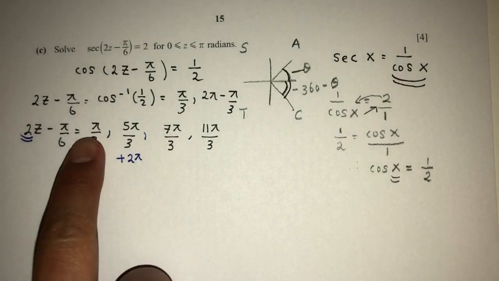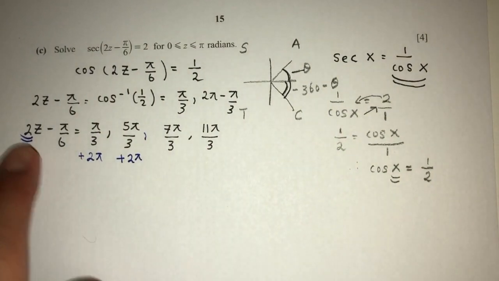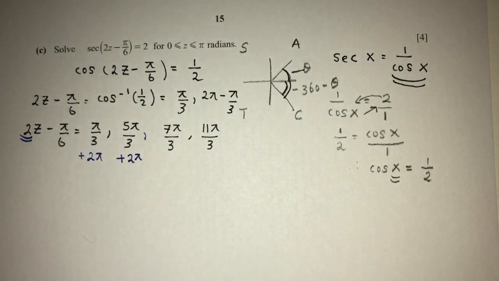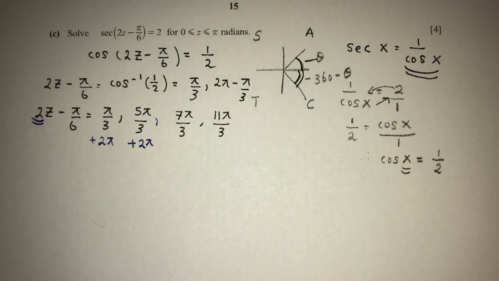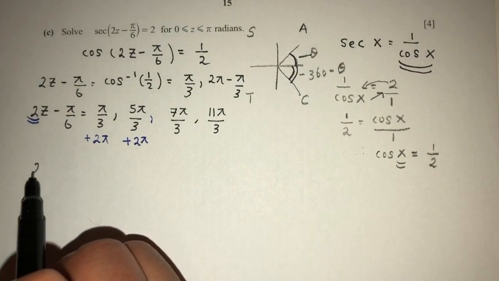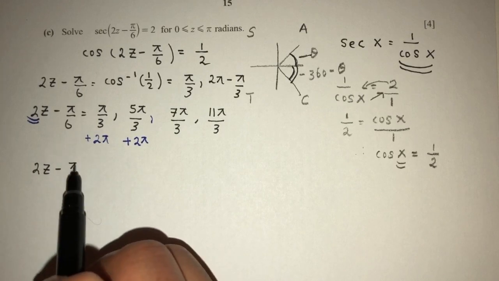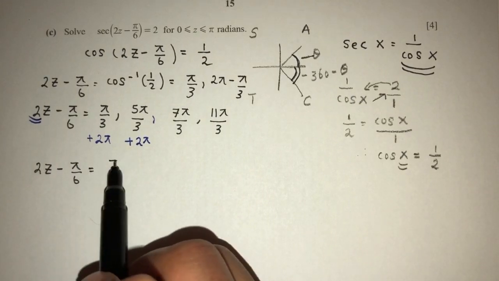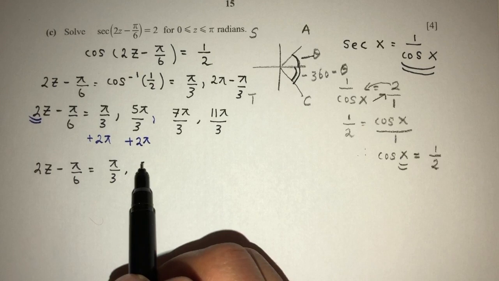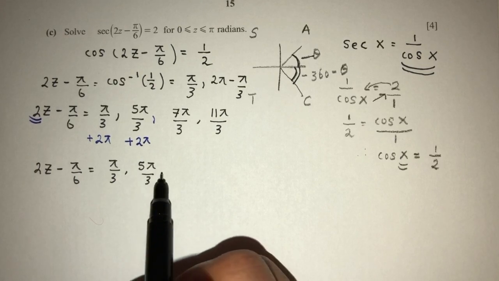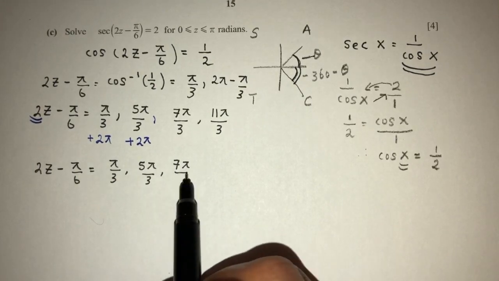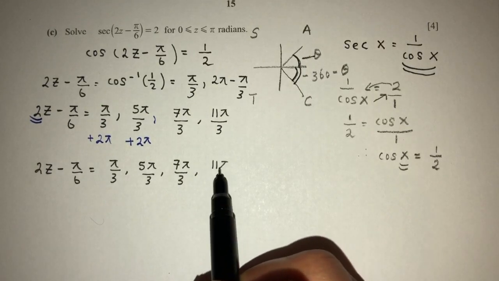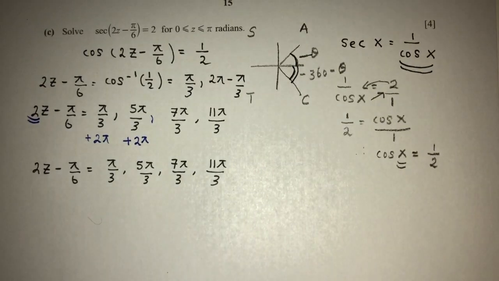So right now we have 4 values. Because this is 2z, we have to add 2 pi to those existing values. So let's rewrite our equation. Right now we have 2z minus pi by 6 is equal to pi by 3, 5 pi over 3, 7 pi over 3, and then 11 pi over 3. So right now we have this equation to solve.